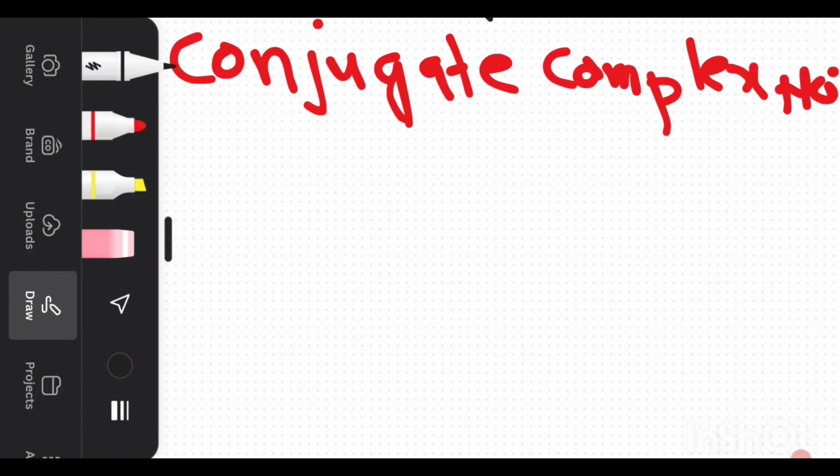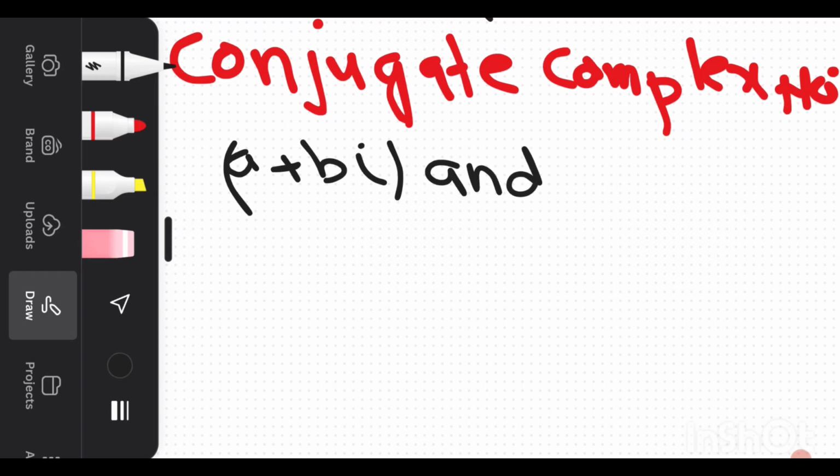So now next is conjugate complex number. So what is conjugate complex number? Conjugate complex numbers are basically of the form a plus b iota and a minus b iota, which have the same real parts, both a's are the same, and whose imaginary parts differ in sign only.